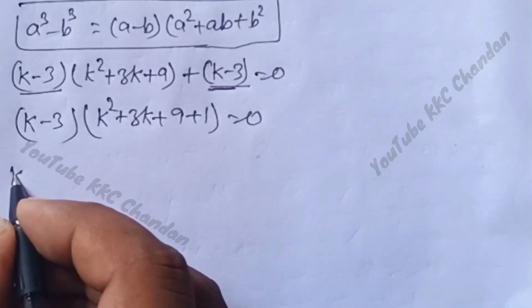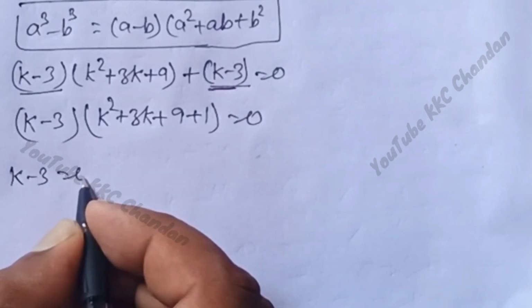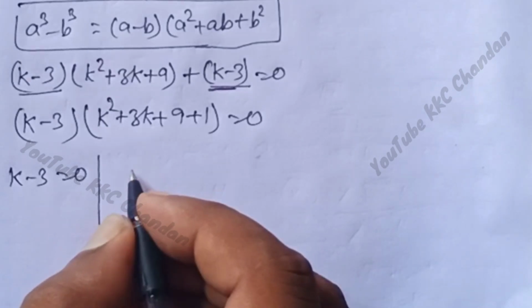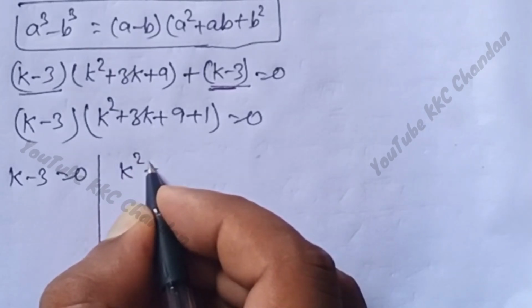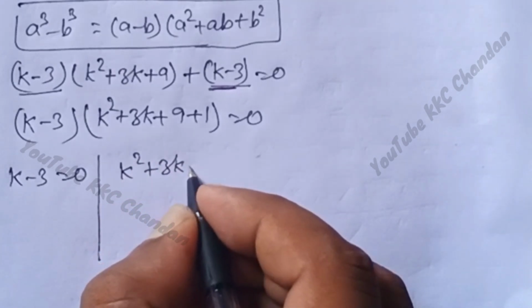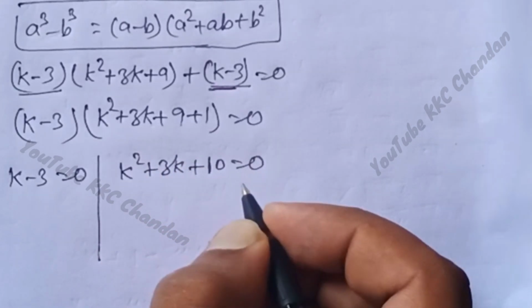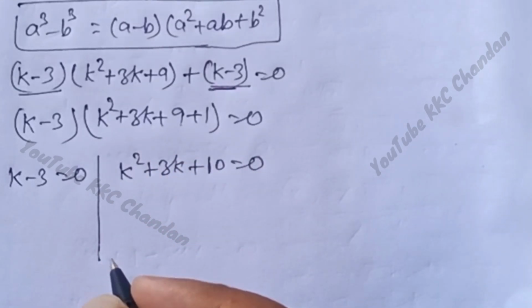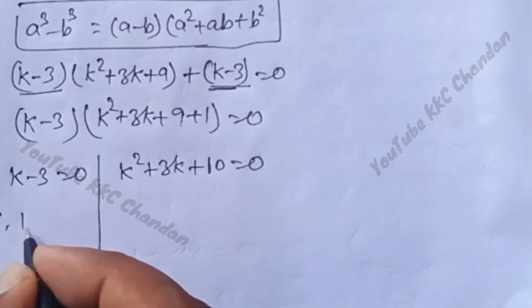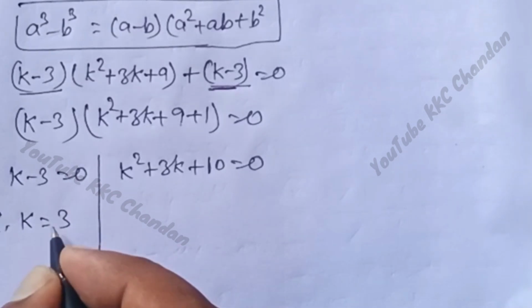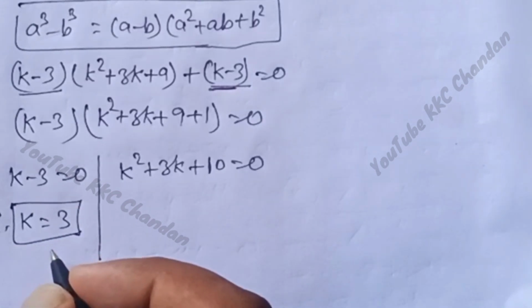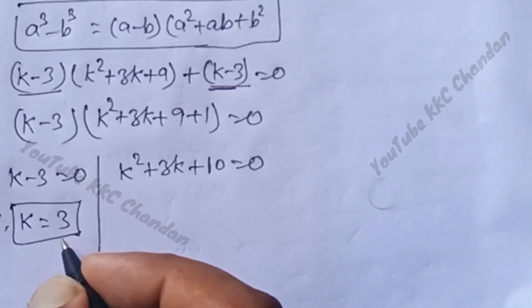First of all, k minus 3 is equal to 0, one solution. Second solution, k square plus 3k plus 9 plus 1, 10 is equal to 0. Therefore, k is equal to 3. First solution came: k is equal to 3.